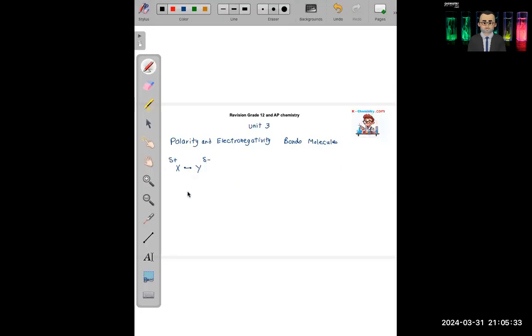Now, for example, I have a chlorine atom and a carbon atom. The chlorine atom is much more electronegative than the carbon atom, so it will attract the electrons of the covalent bond more towards it. This will be partially negative, and this is partially positive. In this case, we call this bond a polar covalent bond.